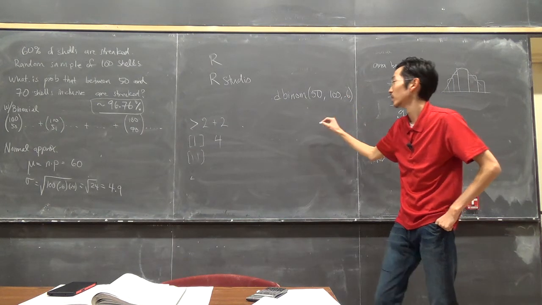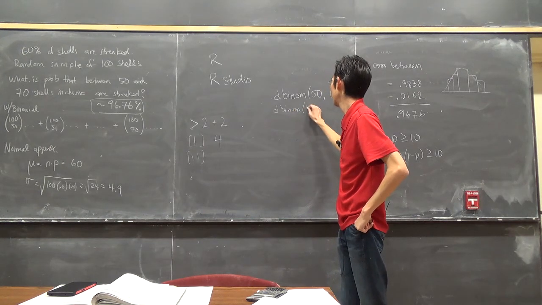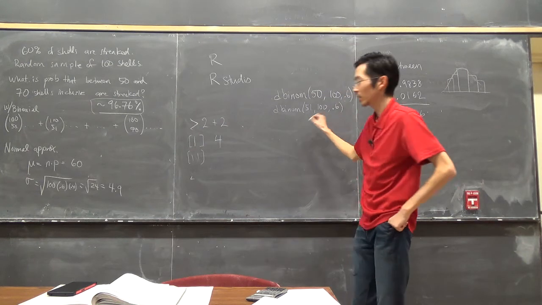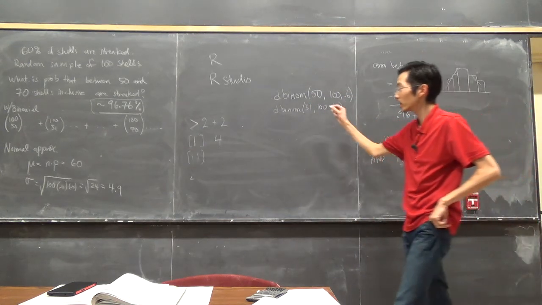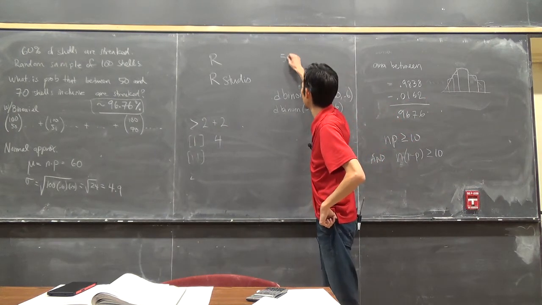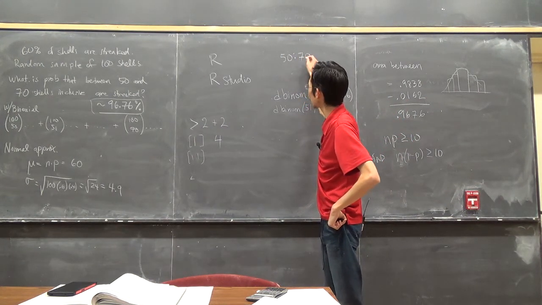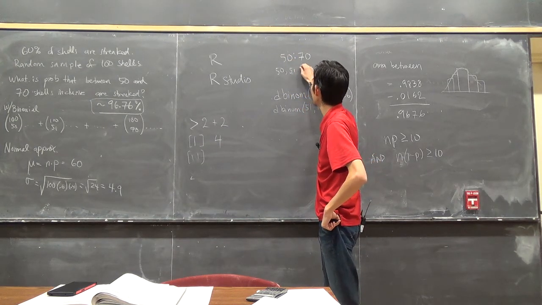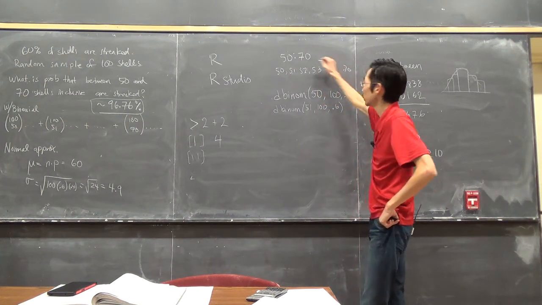And then we could also do dbinom(51, 100, 0.6). This is still going to be a lot of work to do. Well, there are shortcuts. I can do 50:70, and this is equivalent to writing 50, 51, 52, 53, all the way up to 70.